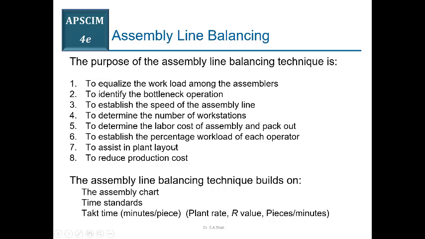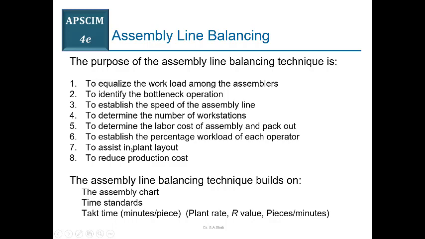You have to establish the percentage workload of each operator. So if you want to do even distribution, this will be your task to assign the load to the workers. So you will have to establish that percentage workload, that how much load will be assigned to a specific area.